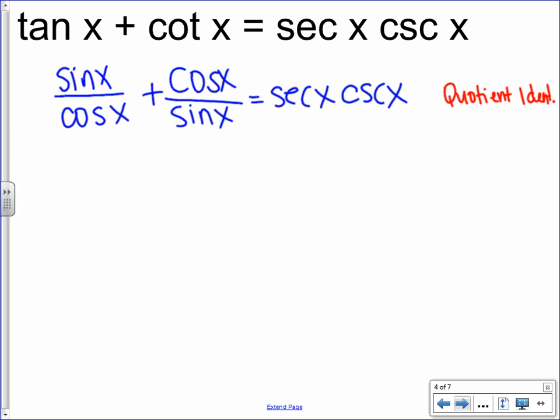Okay. Now, what can we do with those two fractions? They don't cancel out because we're adding. How can we add them together? If we have common denominators, okay? So, I'm going to make common denominators.